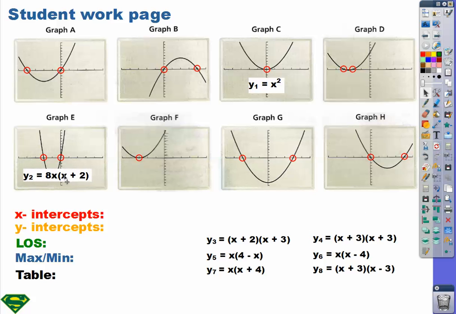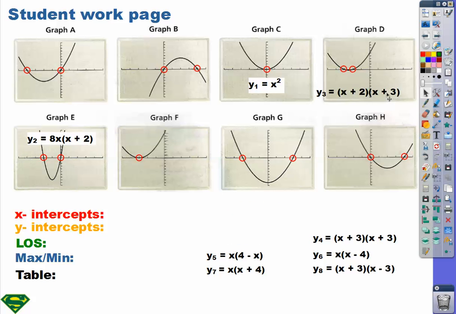This one's going to have x-intercepts of -2 and -3. This one is going to be -3 and -3, so just one intercept of -3.